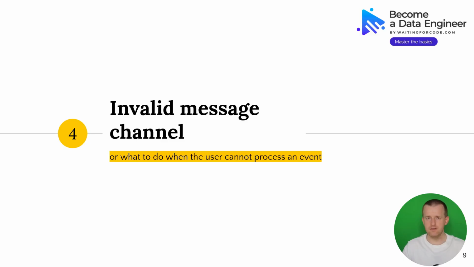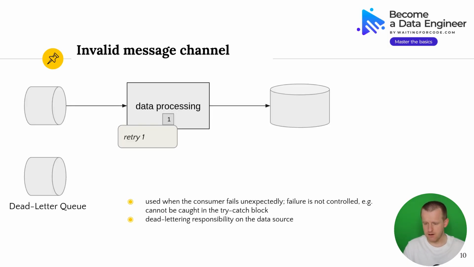The next pattern is more on the production side. Here it's called invalid message channel, and we can ask the question: what to do when the user cannot process an event? By user I mean the consumer of the application. So here we have our data processing job that is running, but somehow it cannot succeed in processing each event, and the retries don't help.